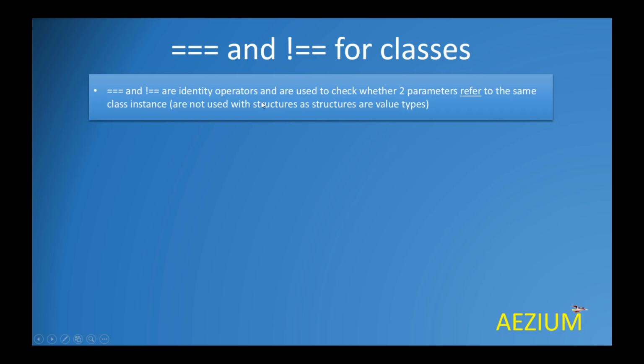These operators are used to check whether 2 parameters refer to the same class instance. It is important to note that these identity operators can be used with classes, which are reference types, and cannot be used with structures, which are value types.